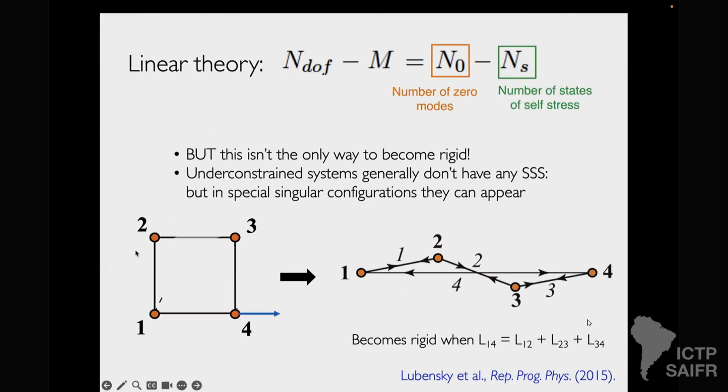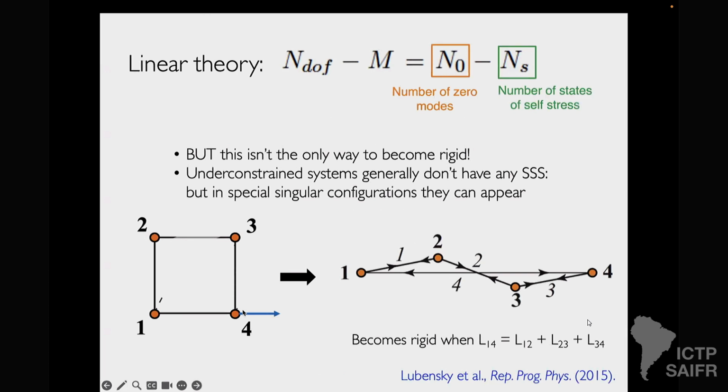Okay, so now here's this picture of this silly 2-dimensional frame again. And we said, okay, we should count the number of degrees of freedom and the number of zero modes and the number of states of self-stress. But that's not the only way that I can make this frame rigid. Okay, so if I imagine taking this frame and sort of smushing it so that all of the springs become collinear, and I can do that in a nice way, basically by taking the endpoints 1 and 4, and stretching them out like this.